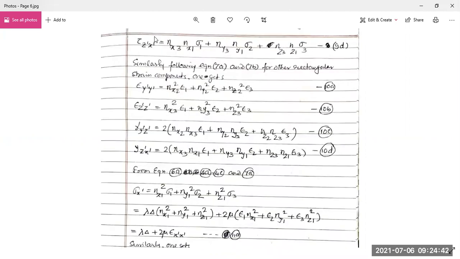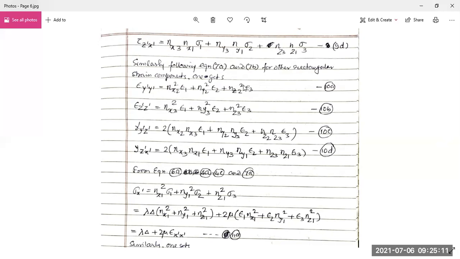So here tau, the shear stress in the z dash x dash plane, is given by this particular formula: nx3 nx1 sigma 1, ny3 ny1 sigma 2, and so on. Similarly, in another direction, epsilon yy is given by nx2 square epsilon 1, ny2 square epsilon 2, nz2 square epsilon 3 itself.